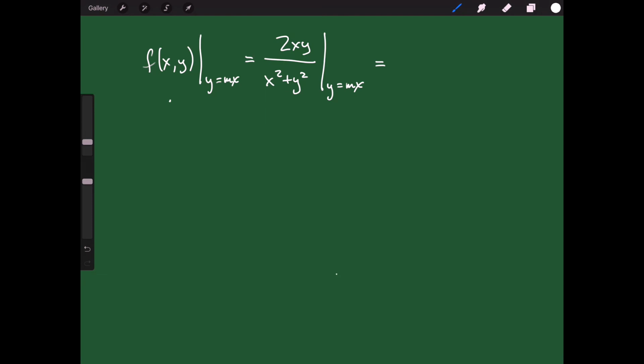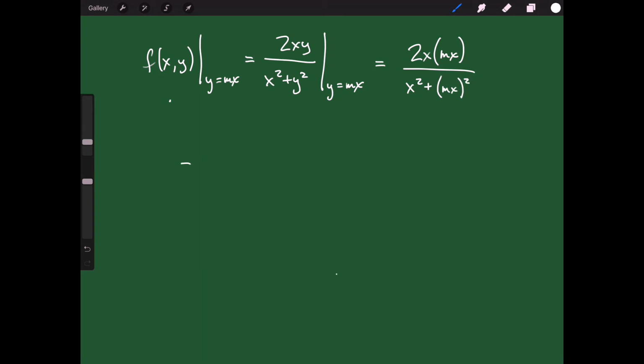So now I'm just going to replace all my y's with mx's. I get 2x times y, but y is mx, divided by x squared plus y squared, but y is mx squared.